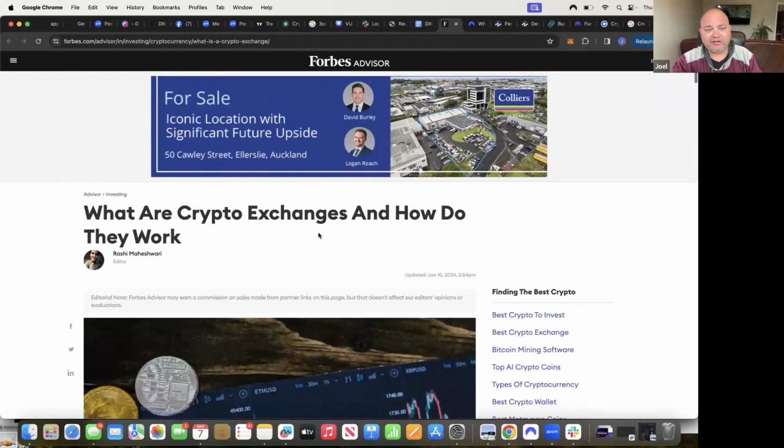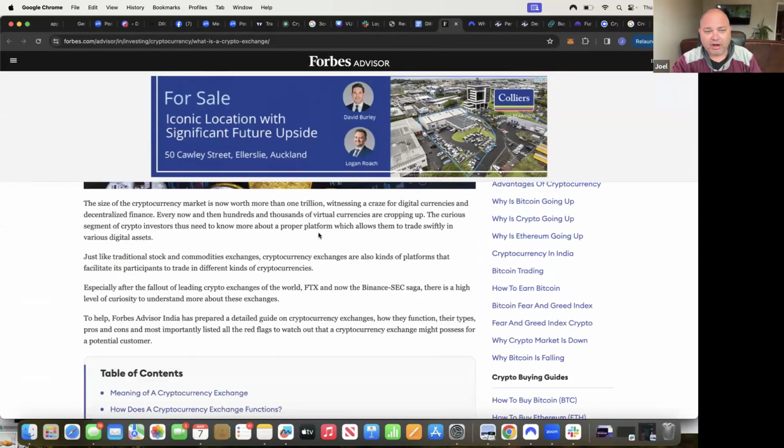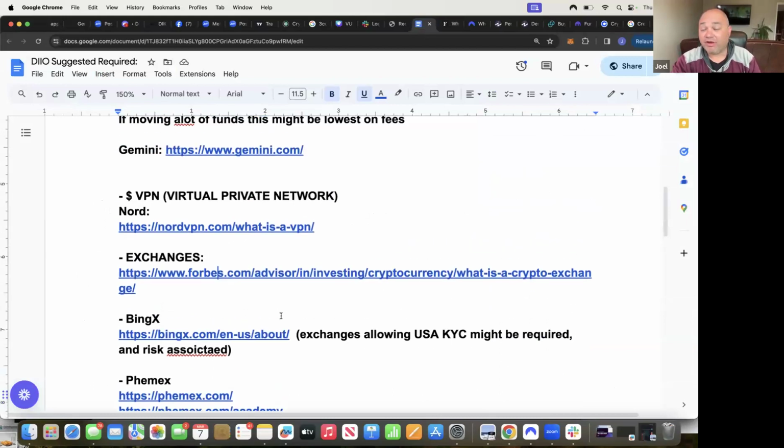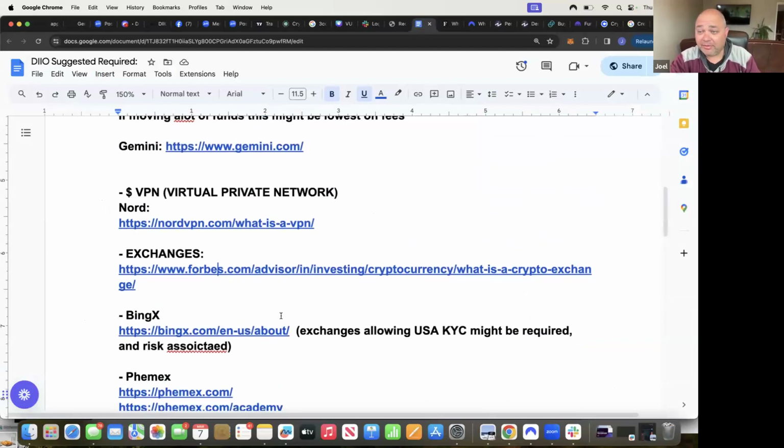What are the crypto exchanges and how do they work? Well, read all about it. They're like traditional stock and commodities exchanges, except they're the kinds of platforms that facilitate its participants to trade in all different kinds of cryptocurrencies. We use exchanges to do these trades. Which ones? Well, there are a handful. There's lots of them. There's no right one for you or wrong one for you.